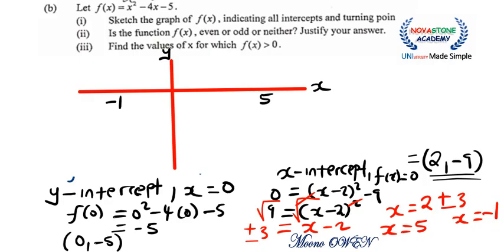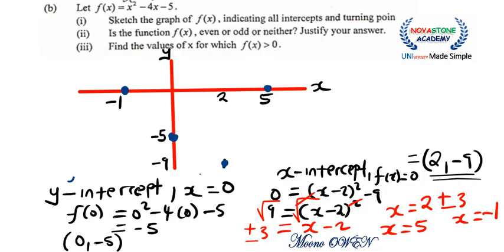Now the y-axis is being cut at (0, -5). Let's say our negative 5 is somewhere here. Then our turning point is at (2, -9). So if I put my 2 here, and negative 9 is maybe somewhere there, our point is here. So basically let me just now indicate the points so that we join them nicely. The graph is being cut here on the y-axis, our turning point is there, and it's also cutting the x-axis there.